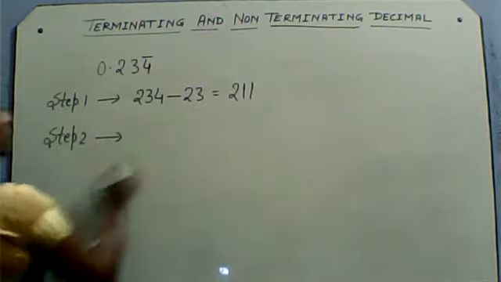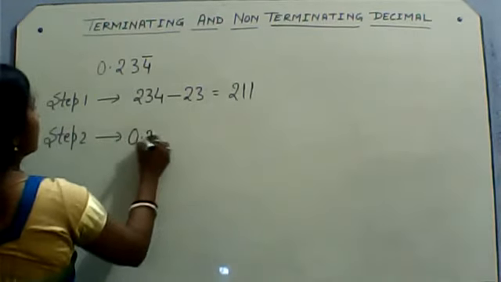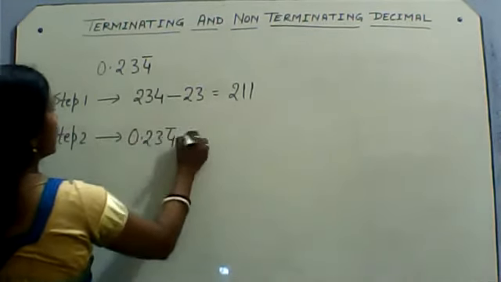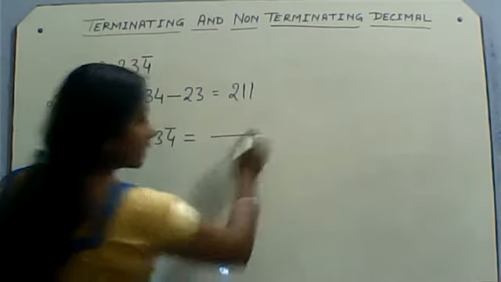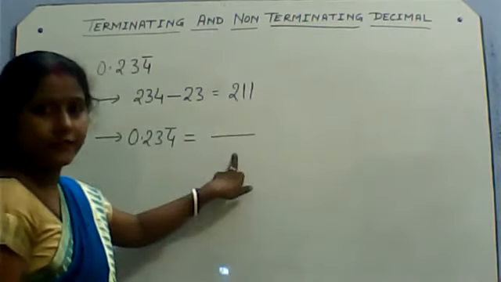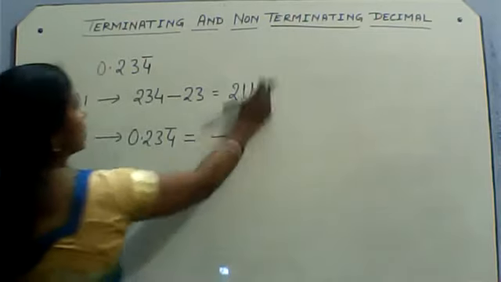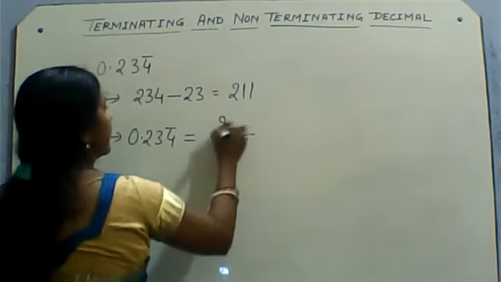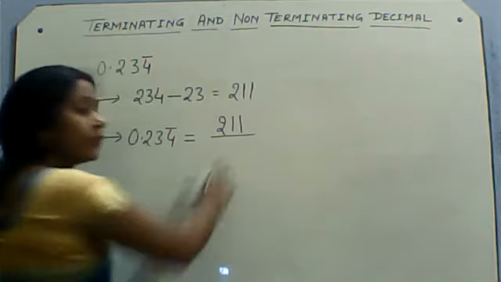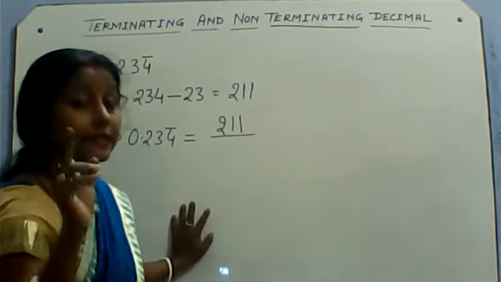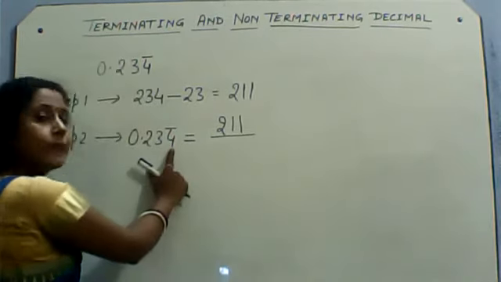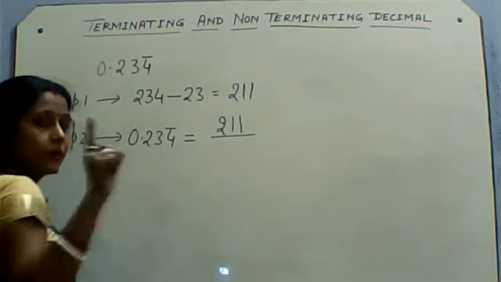Now, step 2. In step 2, 0.234 bar is equal to, in vulgar fraction, numerator and denominator we have to put. So in the numerator, you will put this 211. And in the denominator, what we have to put? Listen carefully. How many repeating digits? One.